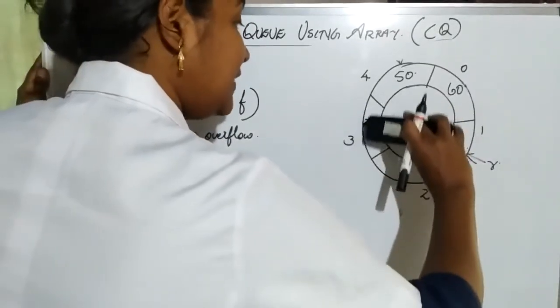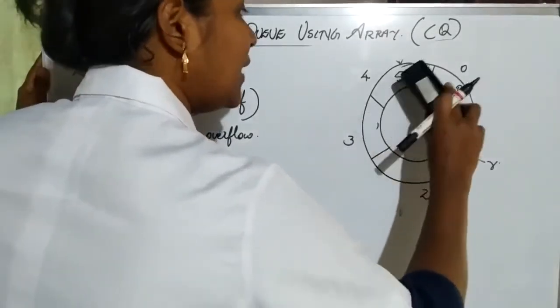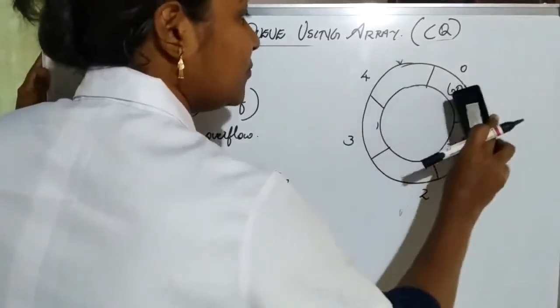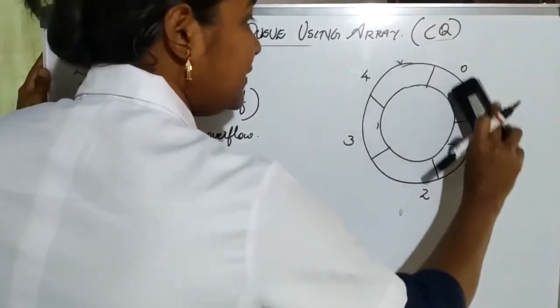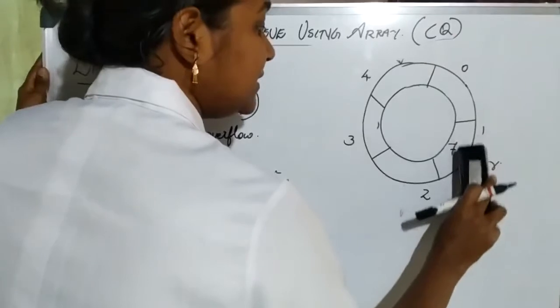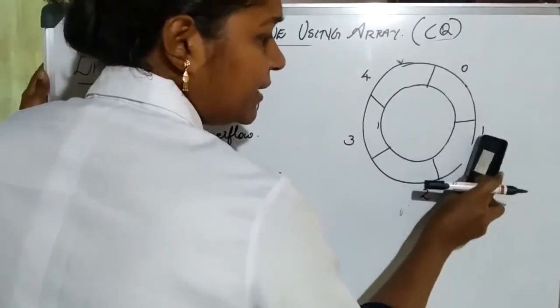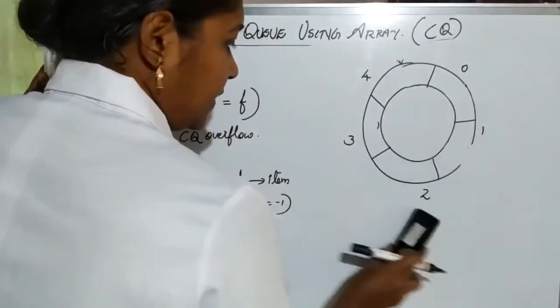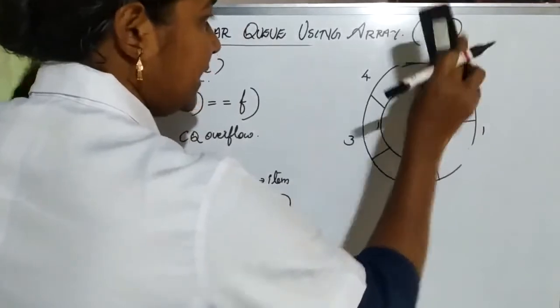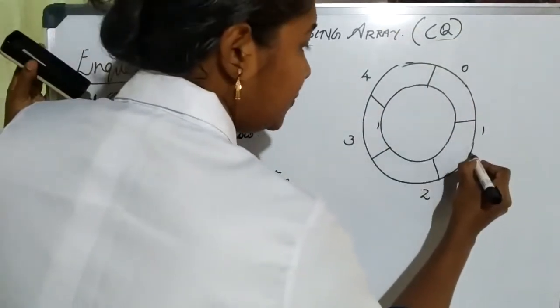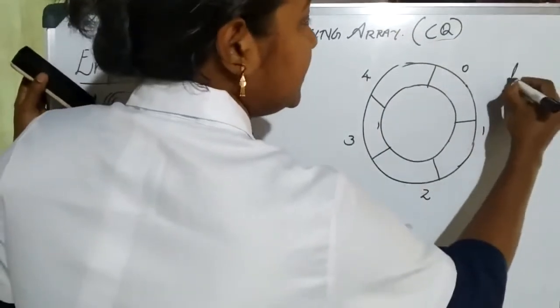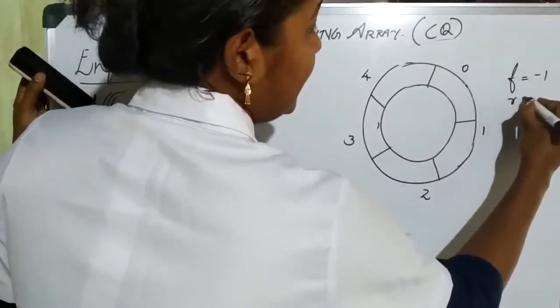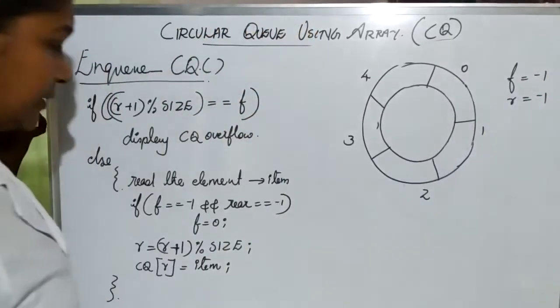That is, whether we are entering the element into an empty queue or a non-empty queue. Okay, why are we taking the two cases? This is the same as that of our normal queue. So this is again an empty queue. So front is equal to -1 and rear is equal to -1. Okay.